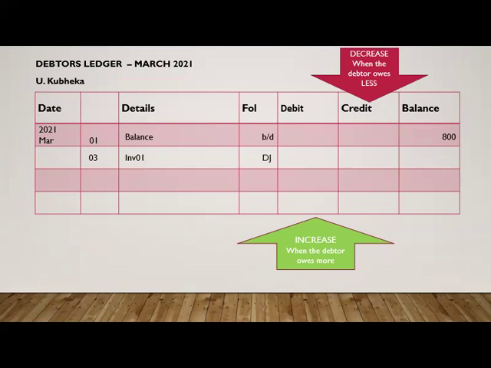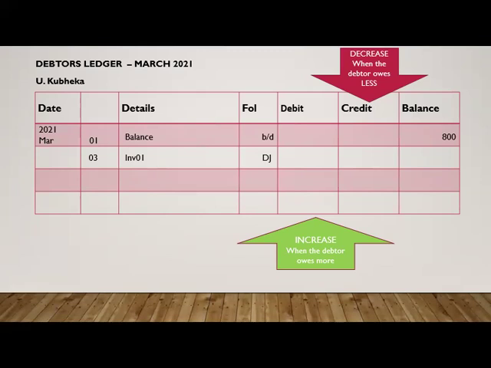But will I record it on the debit or credit, and why? Why debit? Why are they owing more? They're buying again on credit.